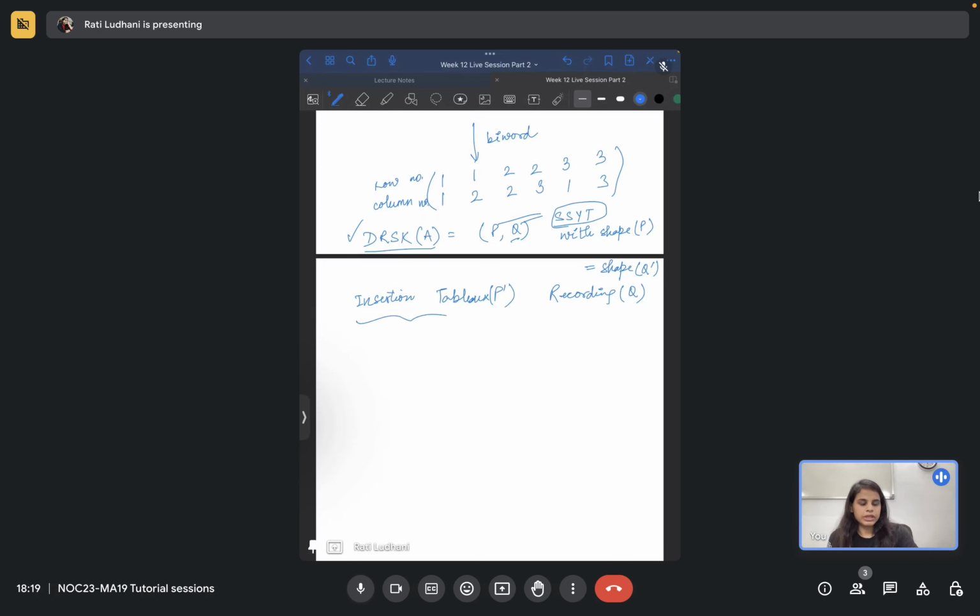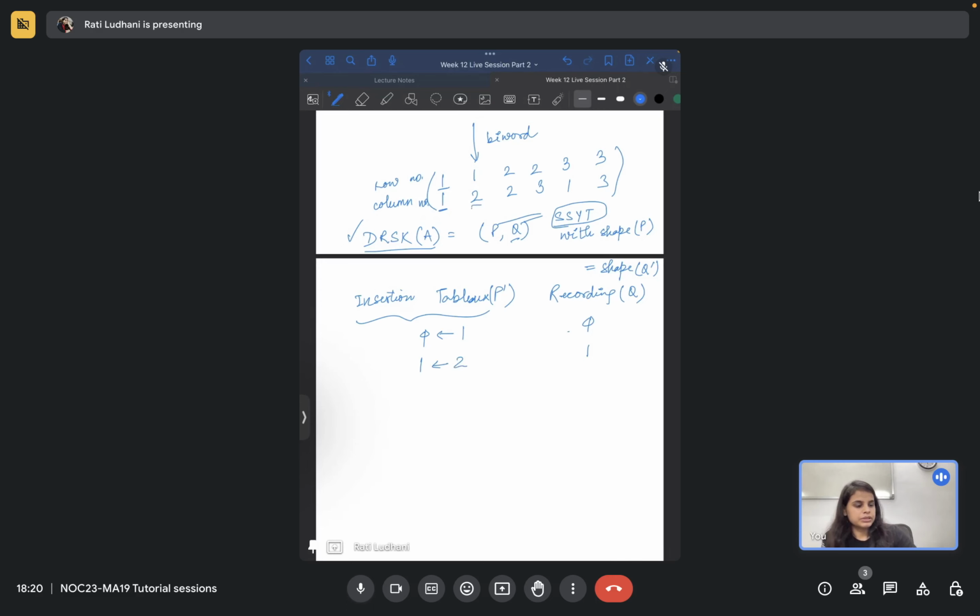That won't be a semi-standard Young tableau, but when we invert or transpose it, it will become one. Firstly, this is 1. There is nothing to begin with, so we can insert 1. We'll get 1, and the corresponding row number is 1. And now we will insert 2, right?